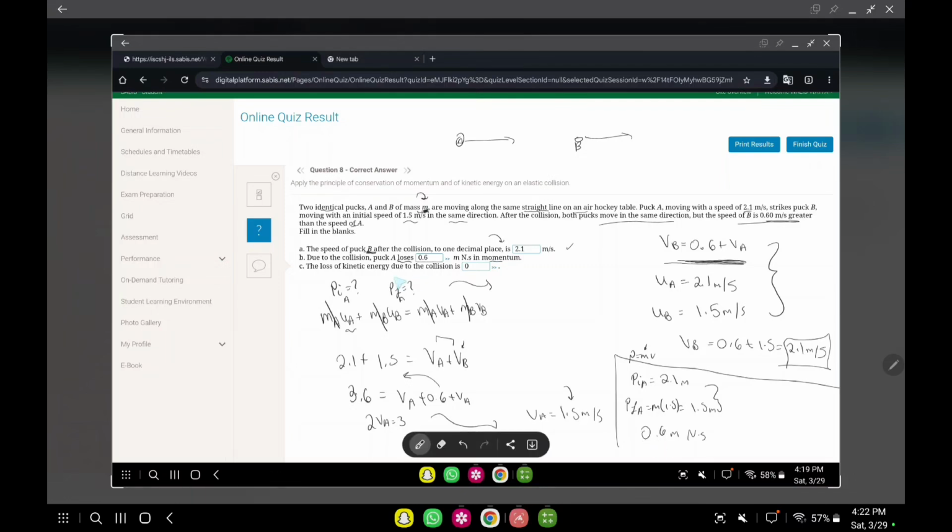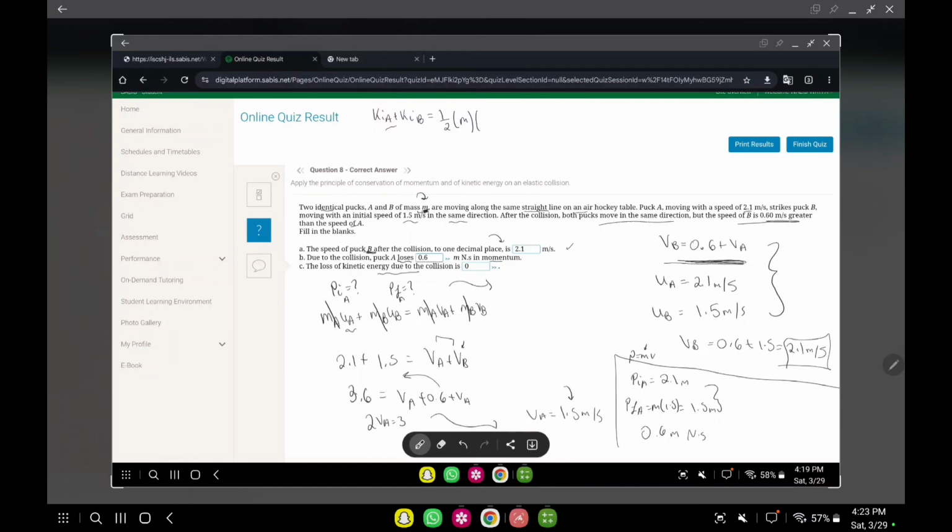Okay, the loss of kinetic energy due to the collision. How do we find kinetic energy? We need to find the initial kinetic energy and the final kinetic energy, right? Let's do it. The initial kinetic energy of the system: we need the initial of A and the initial of B. The initial of A is half times m times UA squared, the initial speed of A squared.